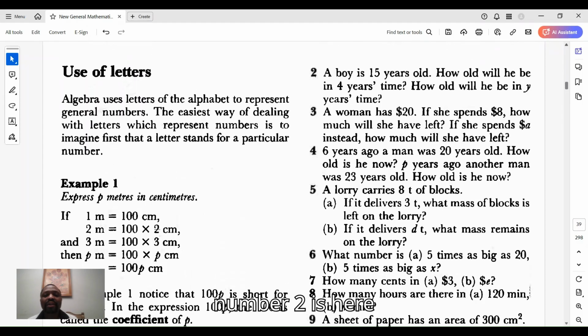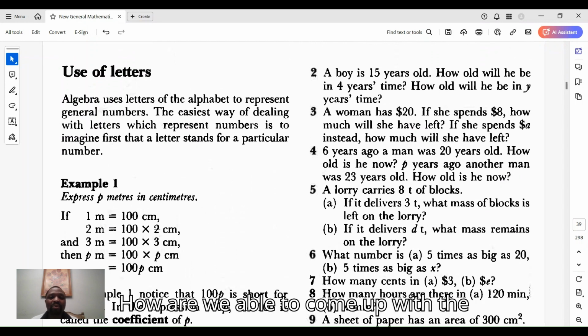These are statements, and we are required to come up with an algebra expression that explains the statement that we have. So that is what is important in our exercise.